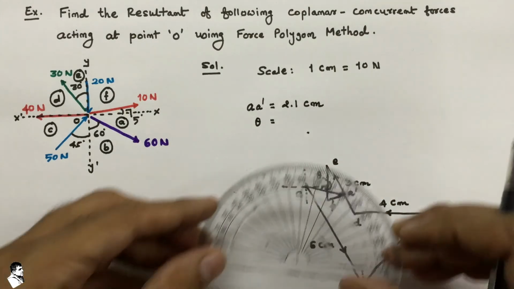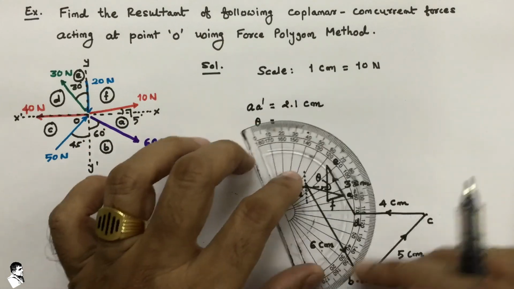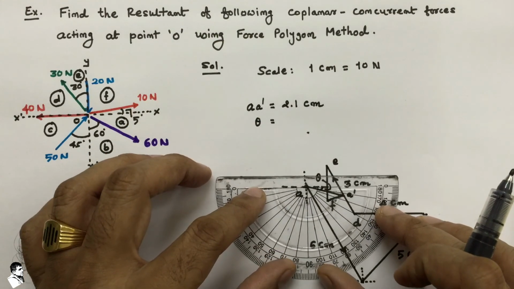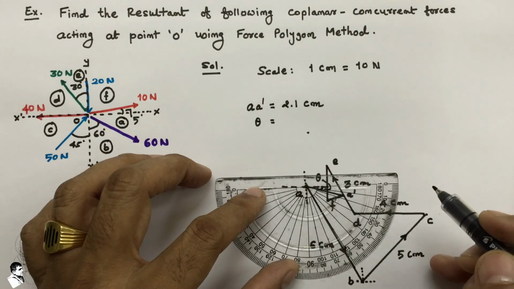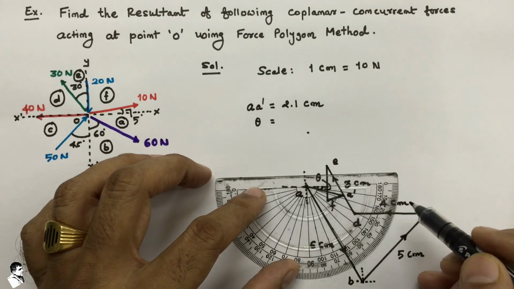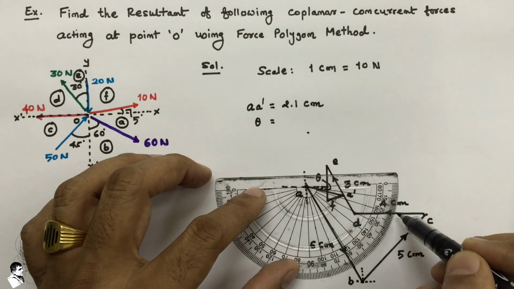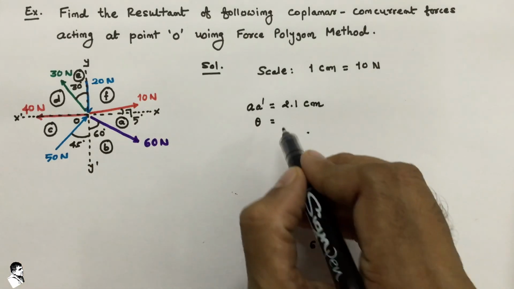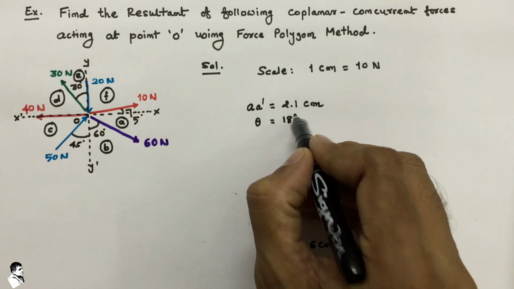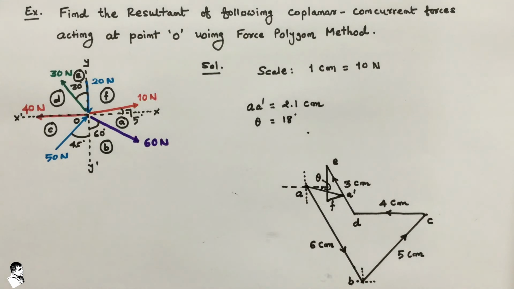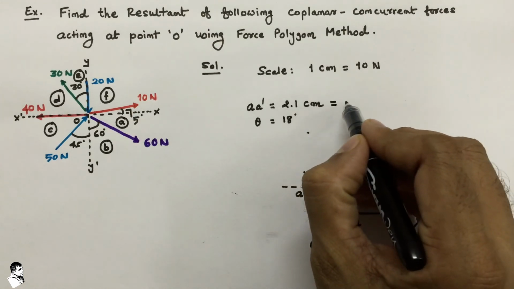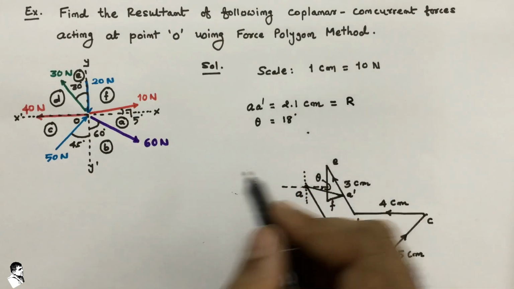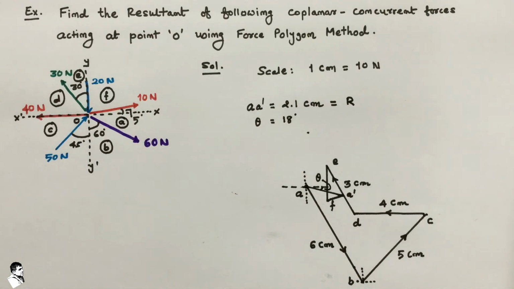If we measure it exactly, the appropriate angle is 18 degrees. So theta is equal to 18 degrees. Here we can say that A dash A is exactly equal to the resultant of the given forces.